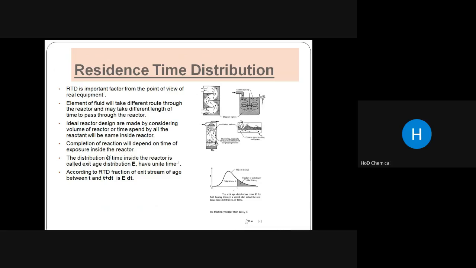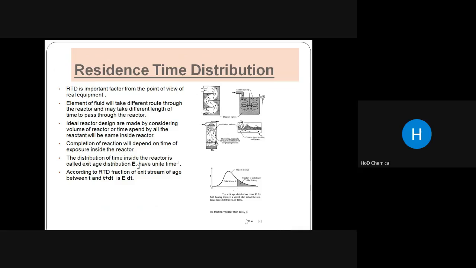So after that, whether the reaction can take place completely, or whether any accumulation can happen, or else stagnation, all those factors. So therefore the distribution of time inside the reactors we call capital E, that is the exit age distribution.